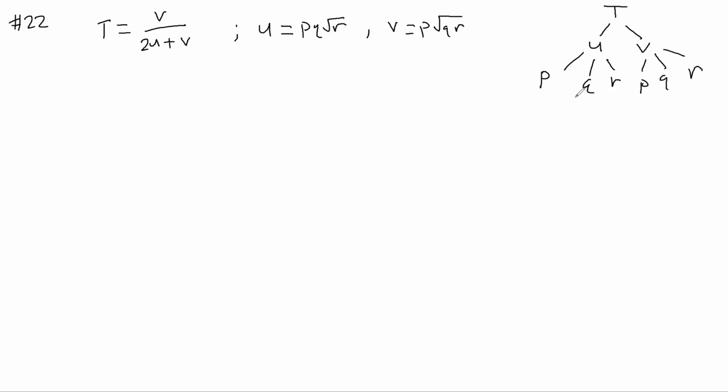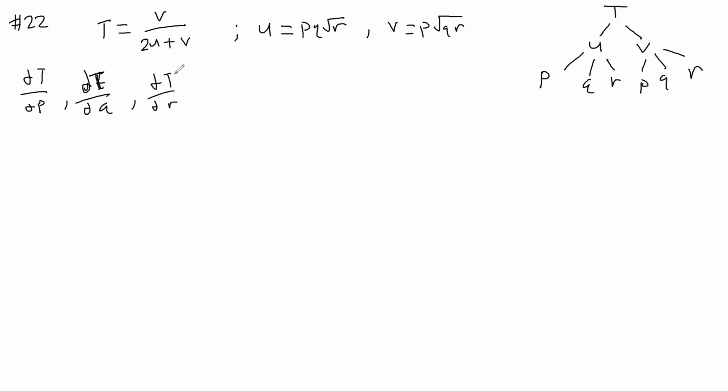So we have this tree diagram, and we're trying to find what dt over dp is, what dt over dq is, and finally, dt over dr.